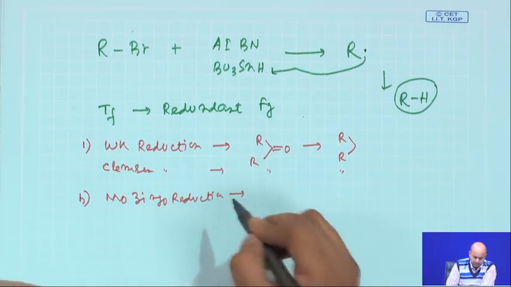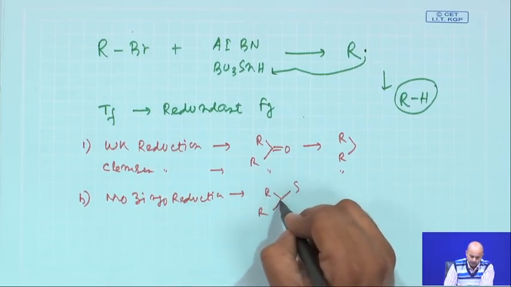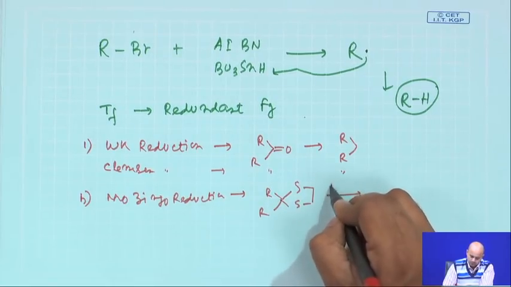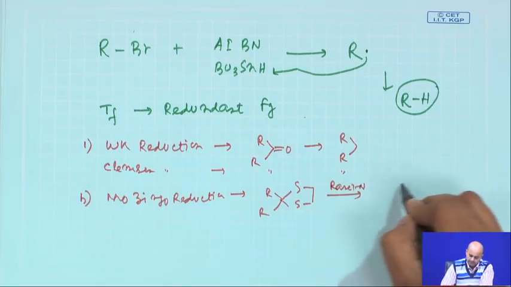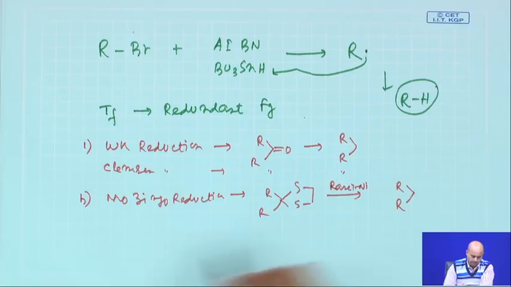Now, what is the exact reaction? You basically have to have a sulfur compound and then you do the desulfurization reaction with Raney nickel, and you get the corresponding hydrocarbon.